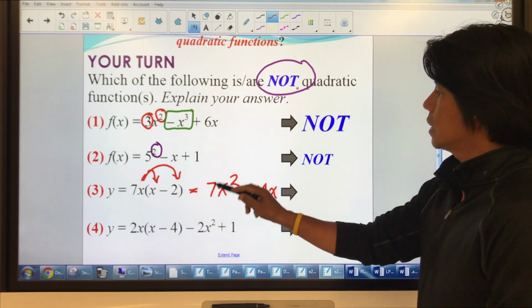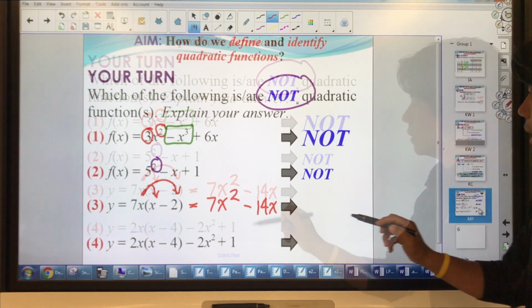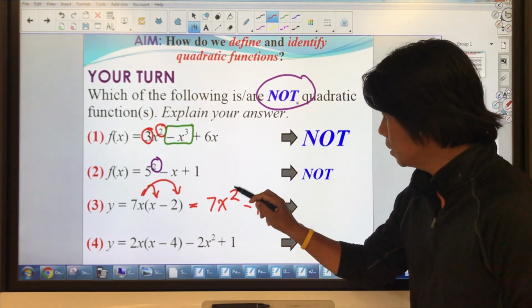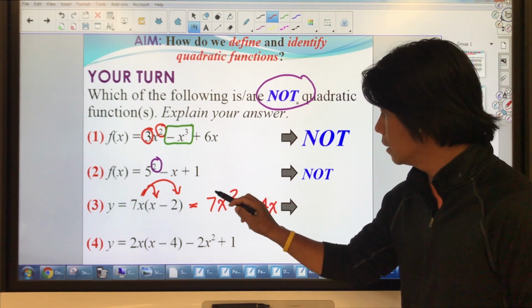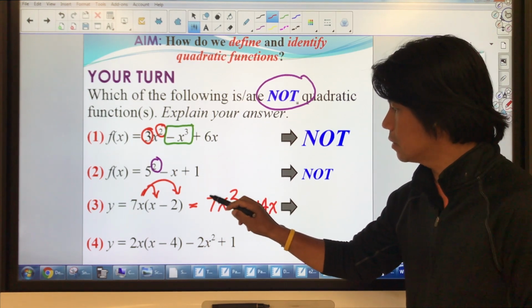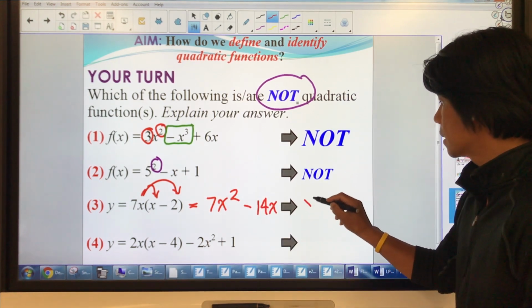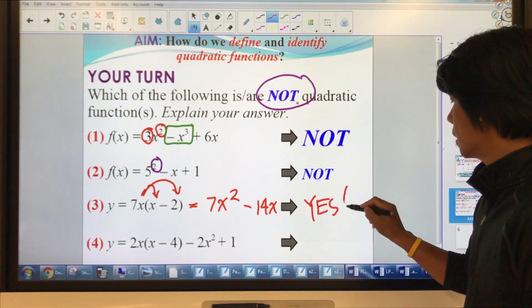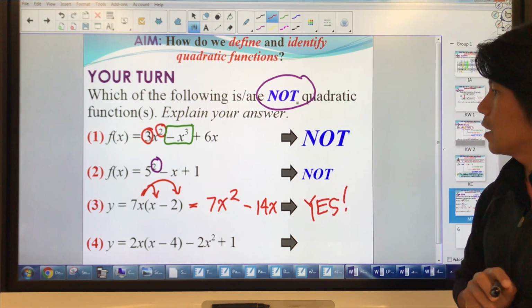Now, can we say that this is quadratic? In this case, the highest exponent is 2, and the value of a is not 0. In this case, it's 7. So yes, this is a quadratic function.